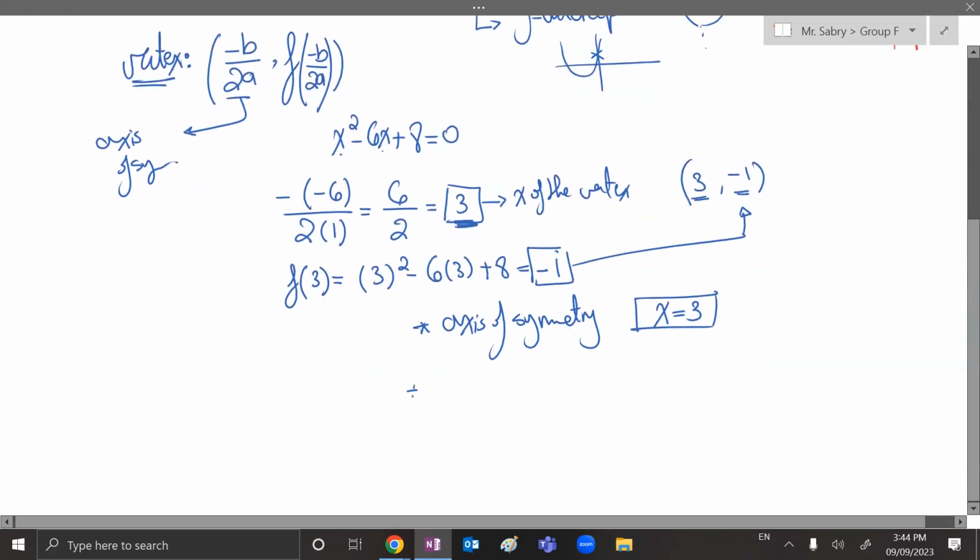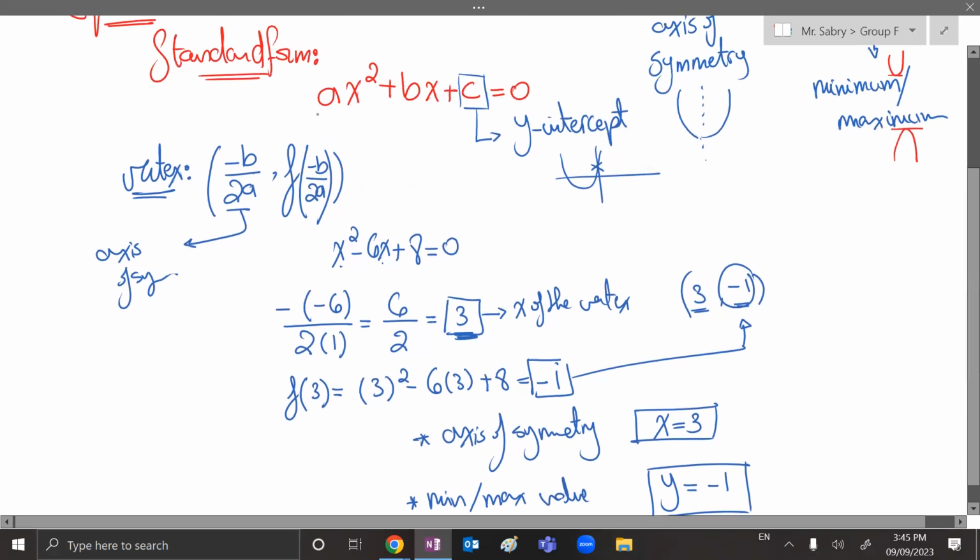Okay, if I needed to know what is the minimum or maximum value, I'll go and take the y and say y is equal to the y of the vertex, which is negative 1. But how do I decide whether it's minimum or maximum? Based on the a. So I'll check the a.